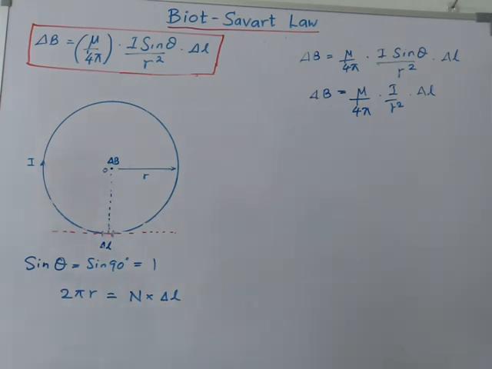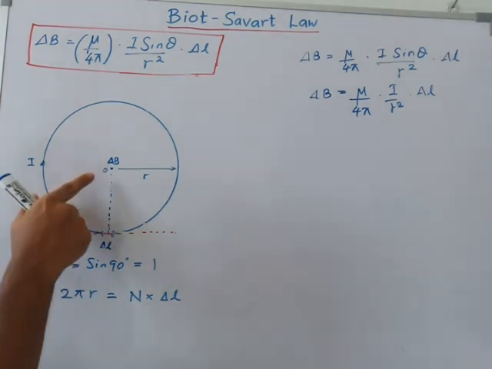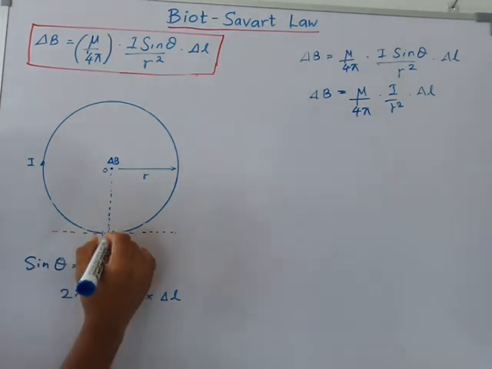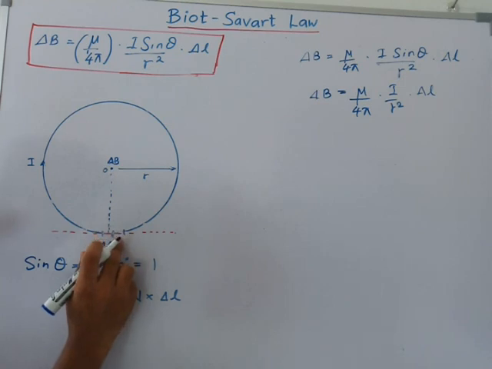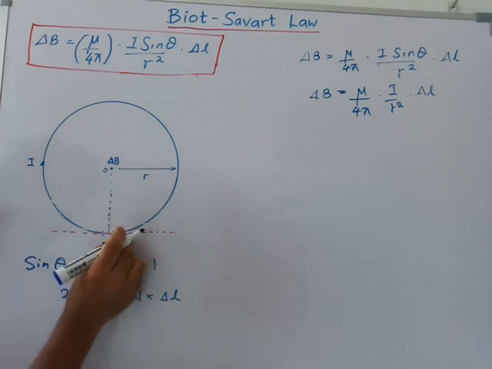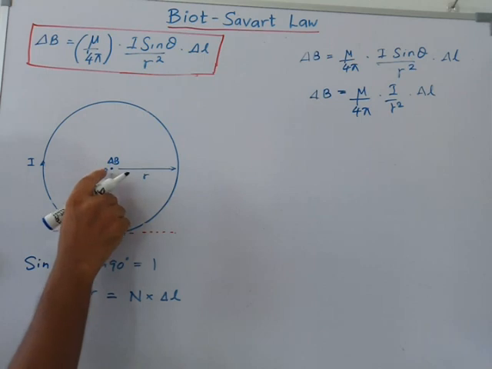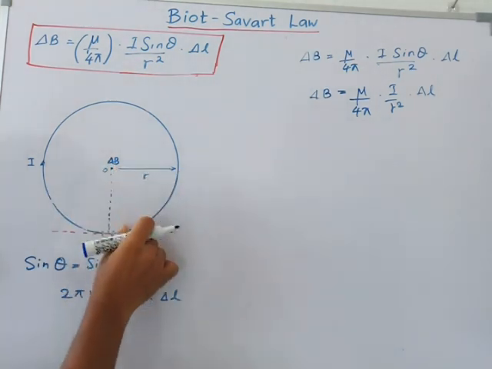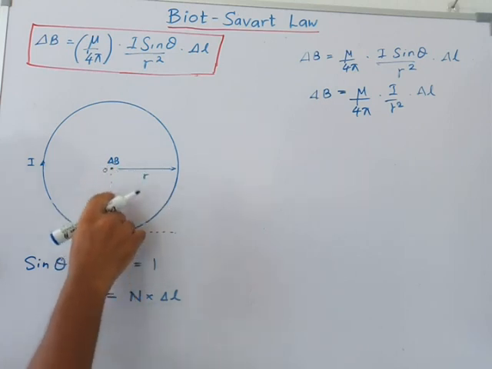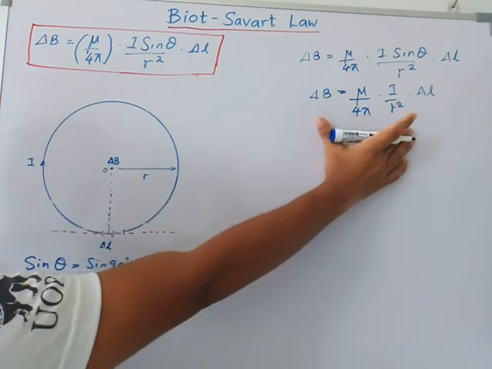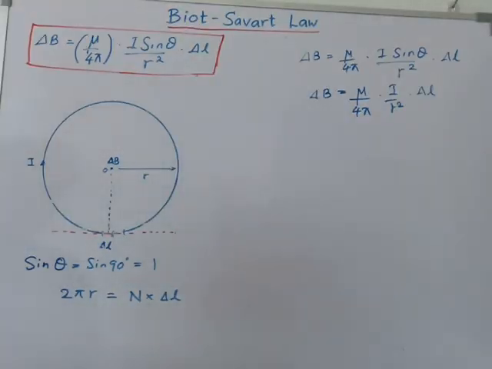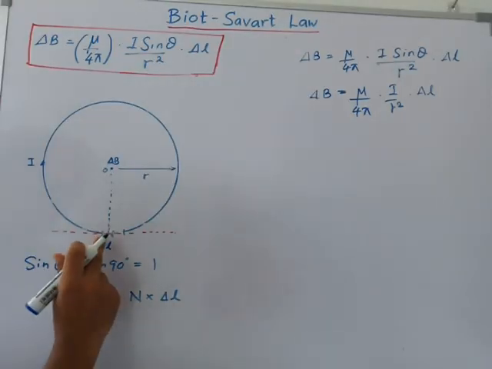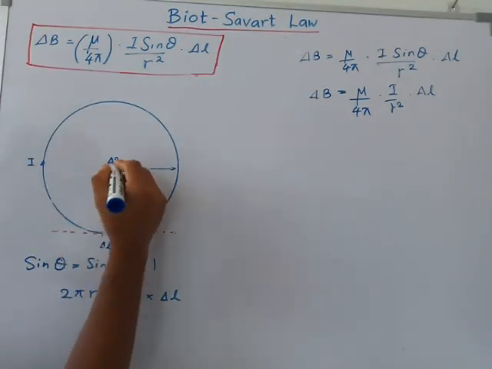Now, we know the magnetic flux density at this point due to this length element. So now I am going to consider the consecutive length element delta L. Due to this length element, the magnetic flux density at this point has the same value, because the radius and length are the same and the angle is always going to be 90 degrees. Also, both act in the same direction, therefore the magnetic flux density due to these two is going to be delta B each.